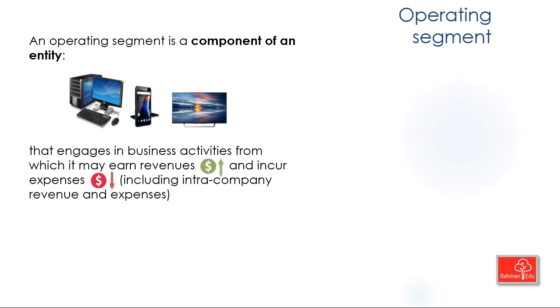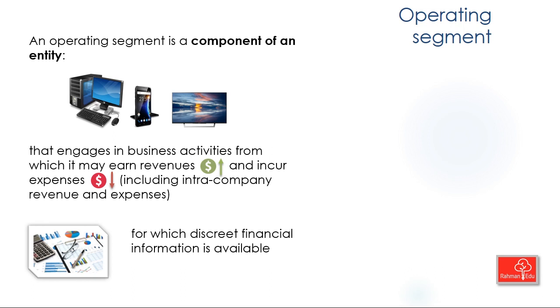Good enough. And the next condition: for this component of your business, discrete financial information is available, right? That means you can report it at least. If financial information is not available, what will you report? Next, there can be many such things in your company, but all those will not qualify as operating segments.